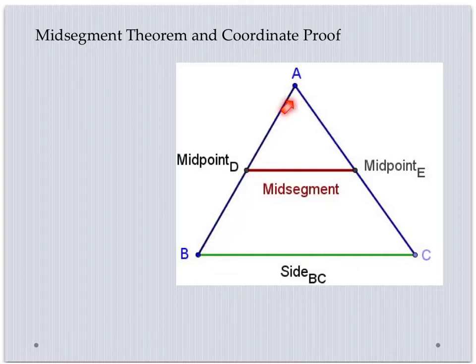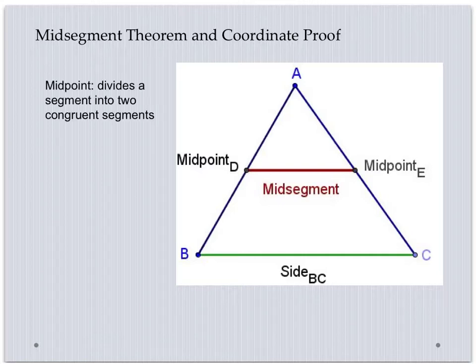Here we have line segment AB, and the midpoint is just the point that bisects this segment into two congruent segments. So BD is congruent to DA. Once we have two or more midpoints, we can find a midsegment.